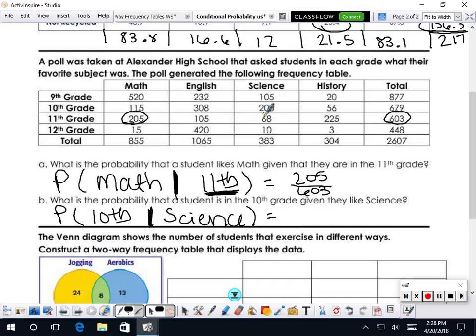So 10th grade and science is 200. The bottom part of my fraction is going to be the total for science. Okay, so total for science is going to be 383. So the probability that we pick a student that is 10th grade given they like science is going to be 200 out of 383.